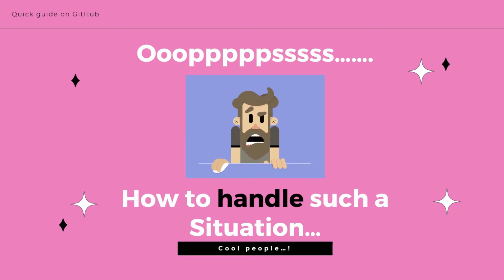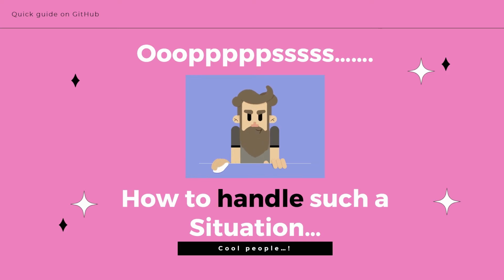Isn't it a problem for you as a programmer? Because when you make changes, sometimes the entire code may collapse. But how to handle such a hard situation, because it is your effort and your work which you have done using your precious time.